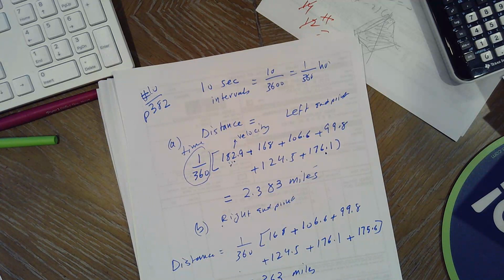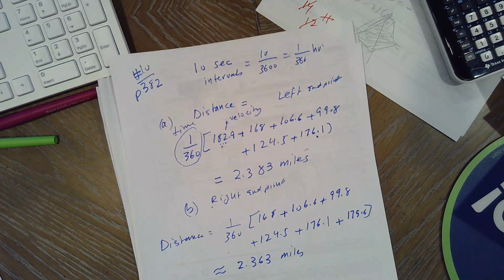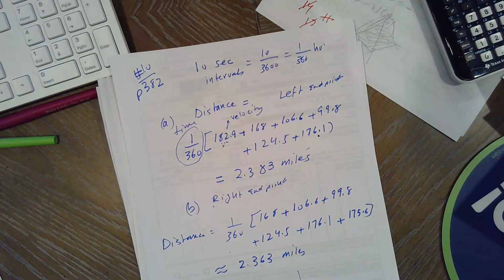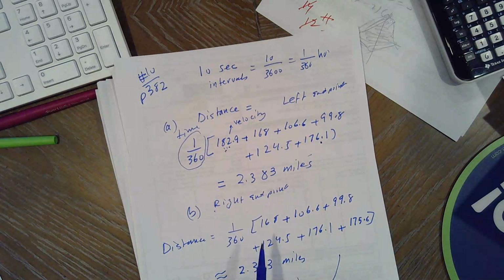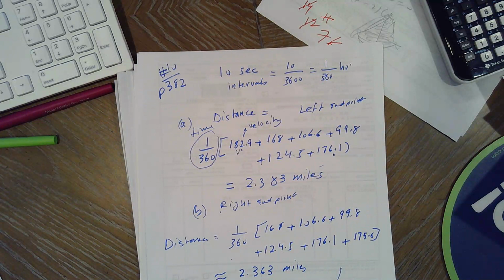Are your estimates in parts A and B upper and lower estimates? Explain. Well, they're neither, because the velocity is not increasing all the time. To have upper or lower estimates, your graph has to be increasing or decreasing all the time. This doesn't look like it, because you can see the velocity is 182.9, then 168, then 106, so it keeps fluctuating.